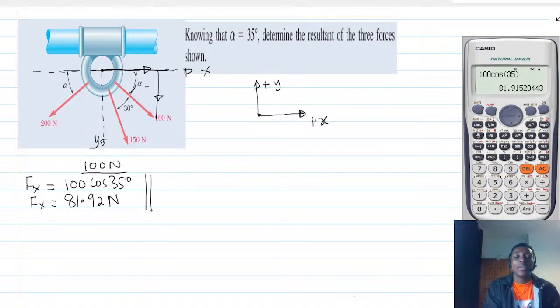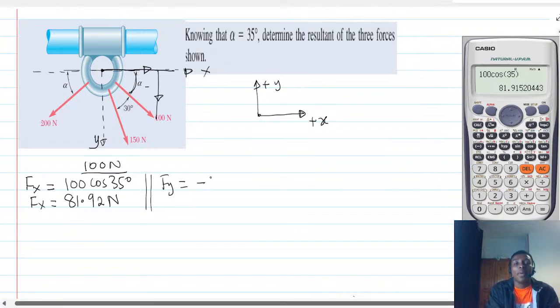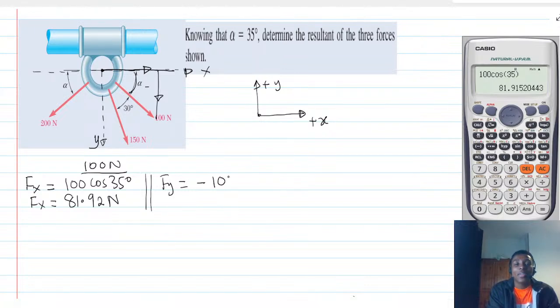And then let's look at the y-axis. Fy is going to be what? But this time around it is going to be negative y, because the y component of the force is moving down, right? So it's going to be minus 100 sine of 35.